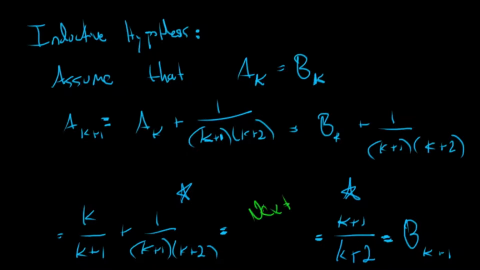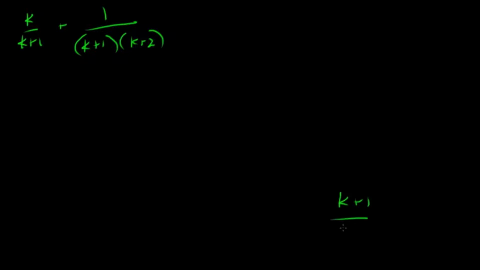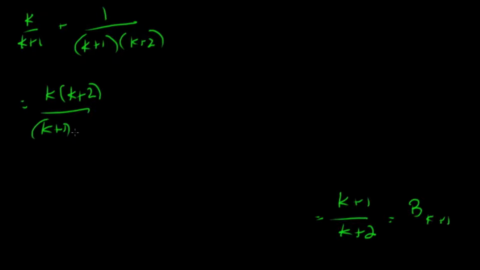We need to show that k over k plus 1 plus 1 over k plus 1 times k plus 2 is equal to k plus 1 over k plus 2, which is b sub k plus 1. Cool. So let's do a little bit of simplification. This term on the left needs a k plus 2, so I'm going to have k times k plus 2 over k plus 1 times k plus 2.